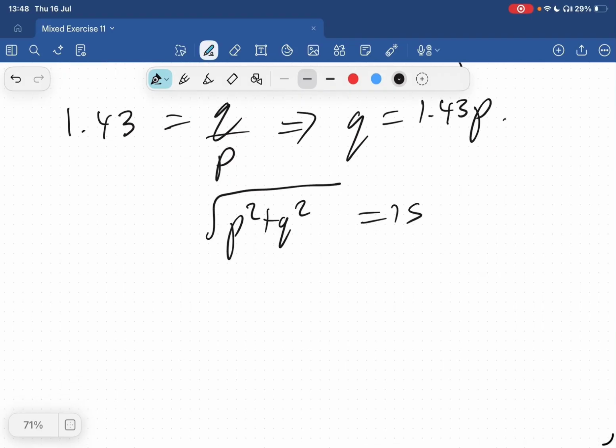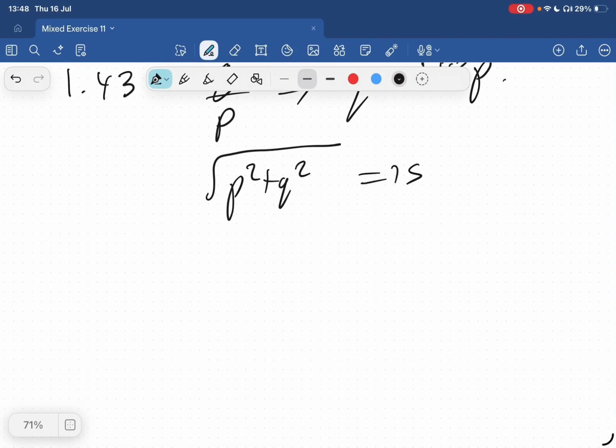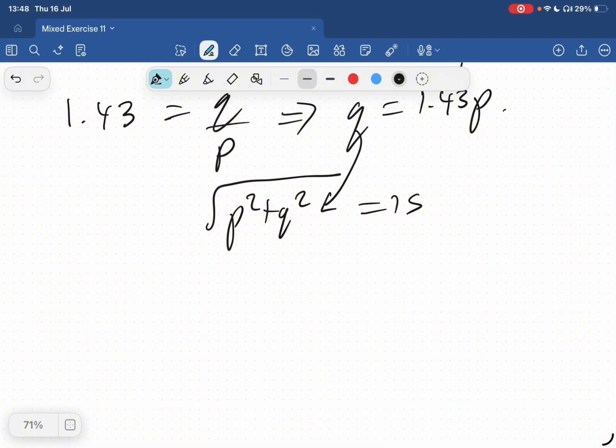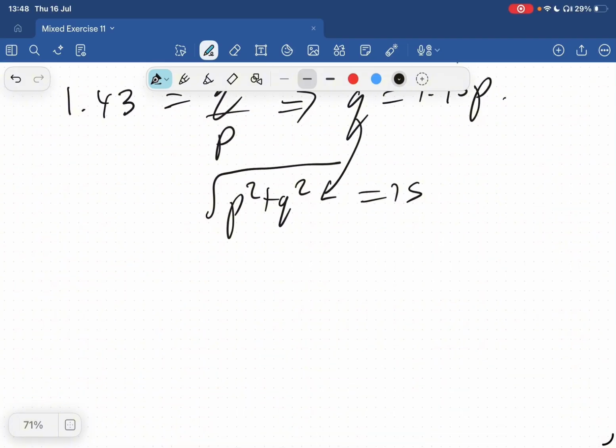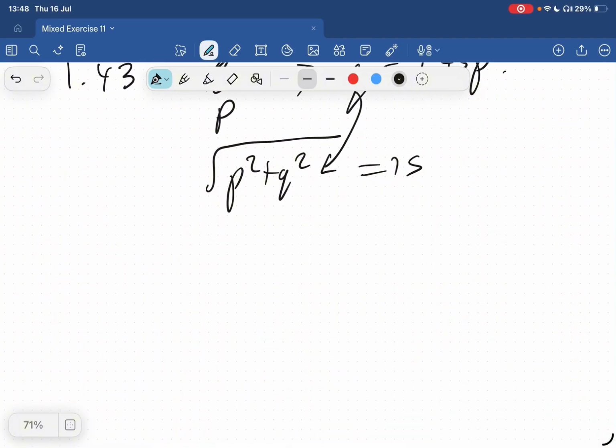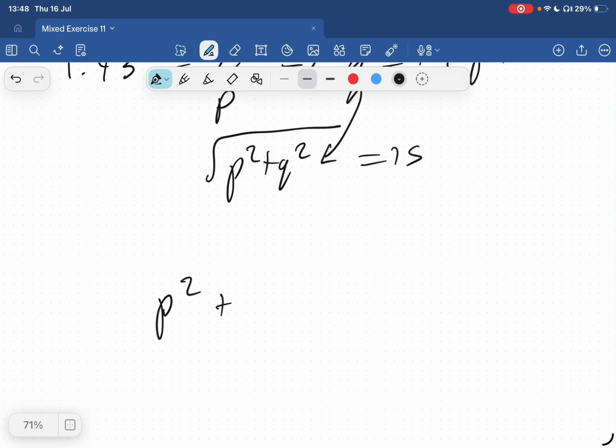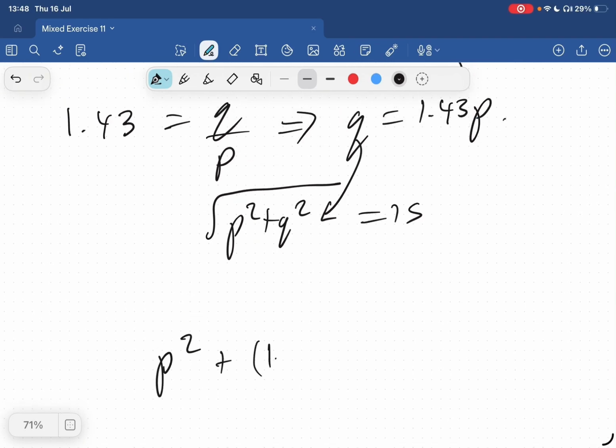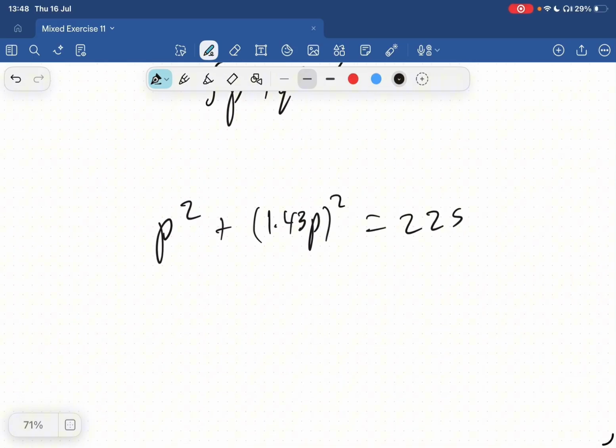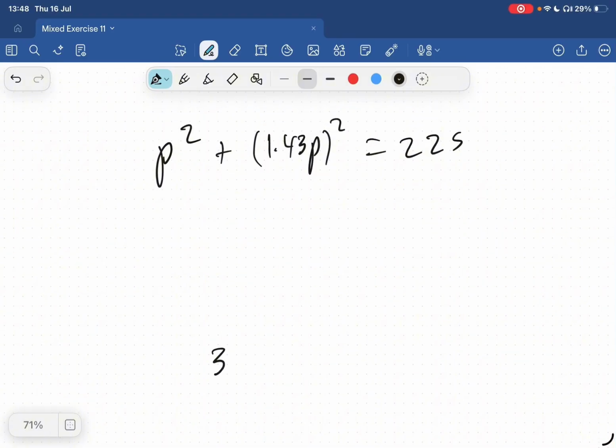Now let's solve for P. We're going to sub in what we have as Q, and get rid of this square root, so P squared plus 1.43P squared equals 225. Now we're going to square 1.43. 1.43 squared is 2.0449, so we're just going to say 2.